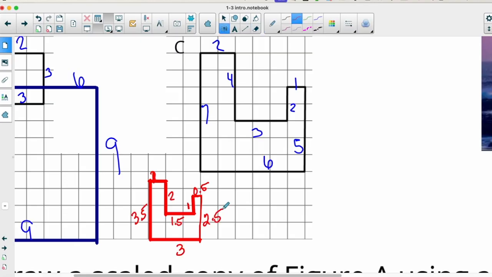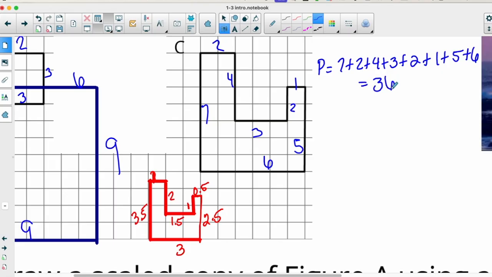And then it wanted us to find the perimeter for each of C and its copy. So we have 7 plus 2 plus 4 plus 3 plus 2 plus 1 plus 5 plus 6 gives us 36.